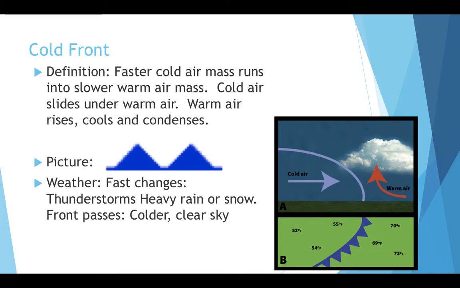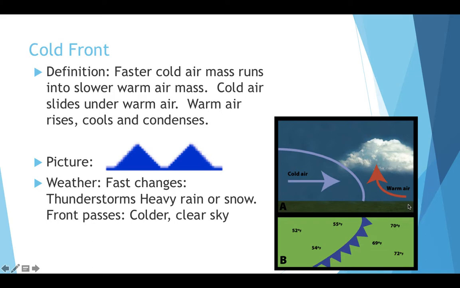And that's exactly what happens on a cold front. This is where a colder air mass, like a polar air mass, runs into a slower, warm, tropical air mass. That cold air slides under the warm air, and that warm air is suddenly pushed up.